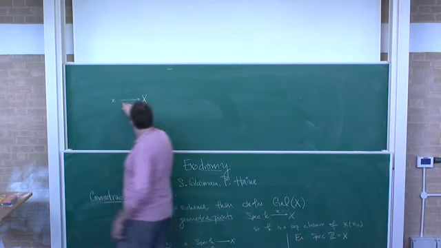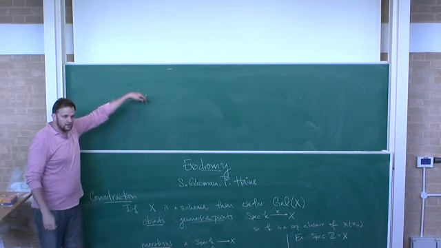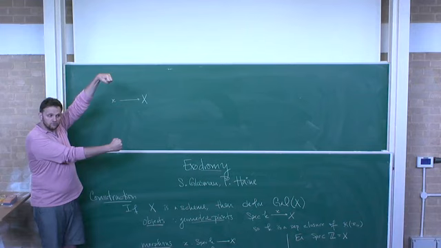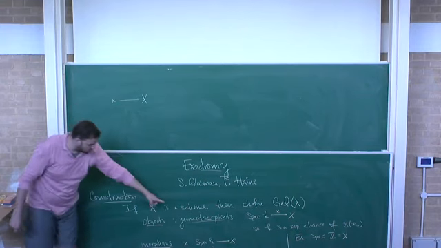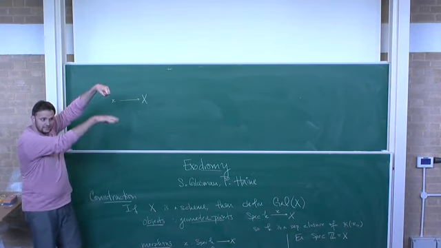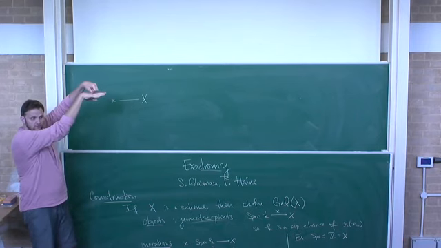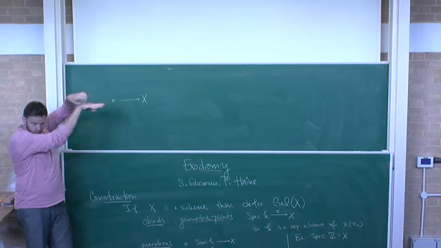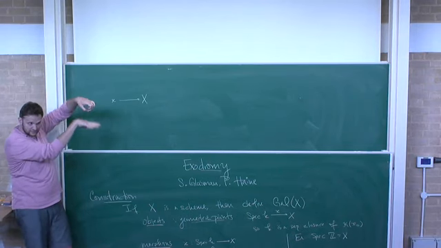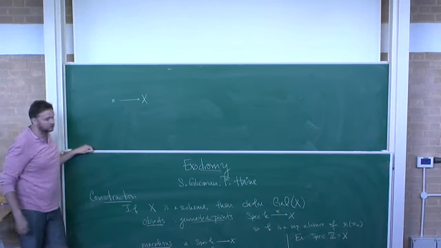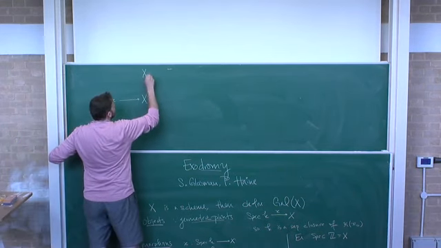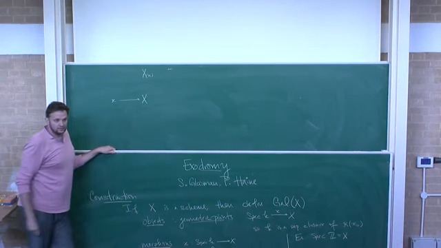That means I've got this local ring, but I've also got a separable closure of the residue field. And I can take the limit over all the étale covers of that local ring with that as a point in every single cover. And this has got a name: it's called the strict localization of X at x.